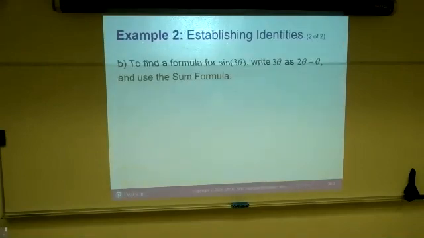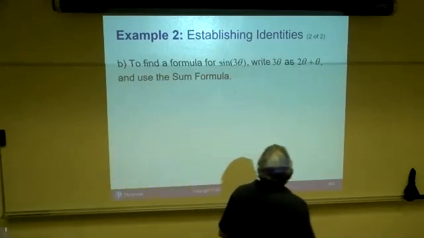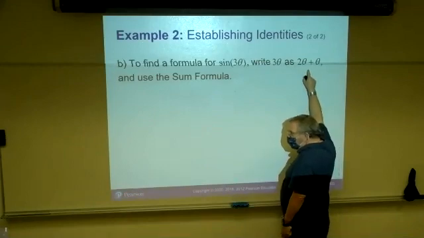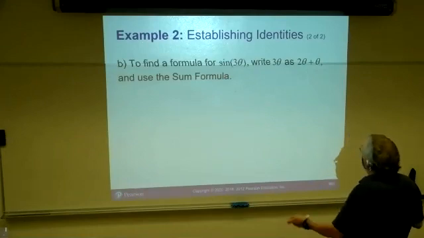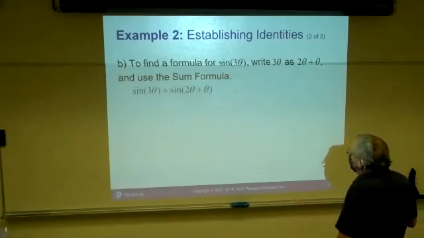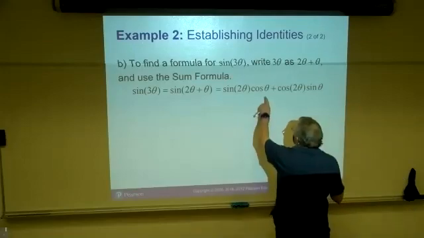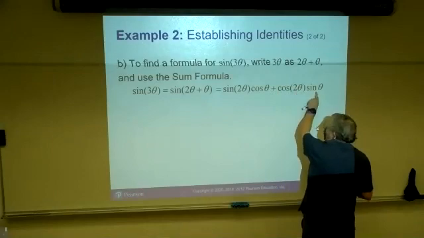Now we have to find the formula for the sine of 3 theta. So, yeah, that's what I would have done, right? I'm sure you would have done the same thing. And so we're going to do the sine of 2 theta plus theta, which is sine of 2 theta times cosine theta plus cosine of 2 theta times sine of theta.